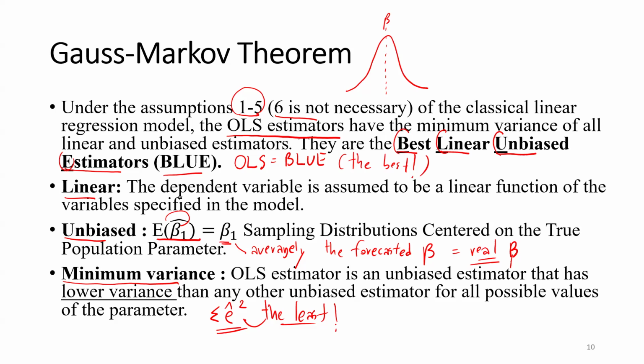Error is the difference between actual data and forecast data, isn't it? And then if you make an error squared like this, it means it's volatile.